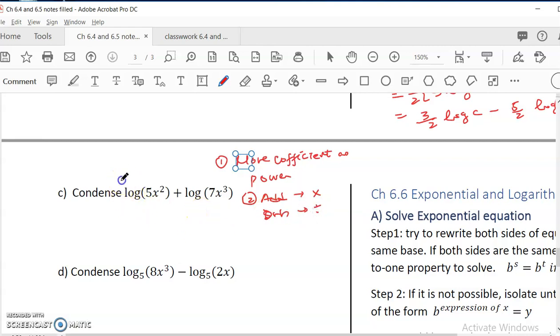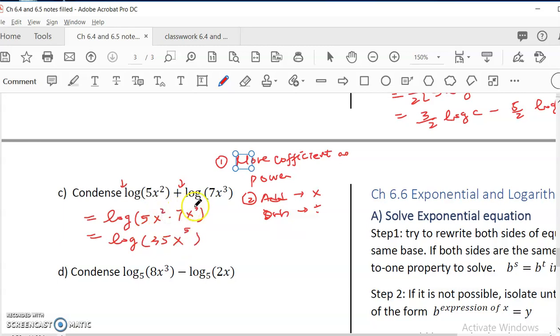So do I have any coefficients? So check. There are no coefficients, so I can combine them, condense them. So this is just 5x squared times 7x cubed. But because it is an expression that you can simplify, 5 times 7 is 35. x squared times x cubed is x to the fifth, right?